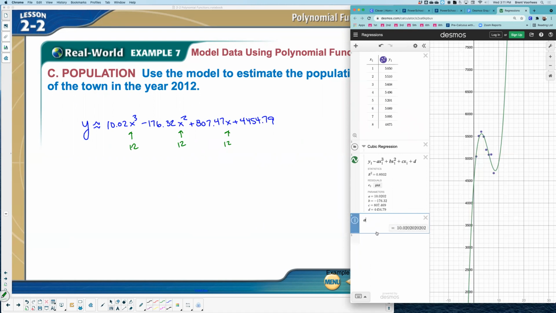If you don't clear those out, it won't know what A is because each one of those equations is trying to give an A. So I would just say A times 12 cubed plus B times 12 squared plus C times 12 plus D. Instead of having an X, you copy all that in and substitute the X with 12, and that's the value we get.